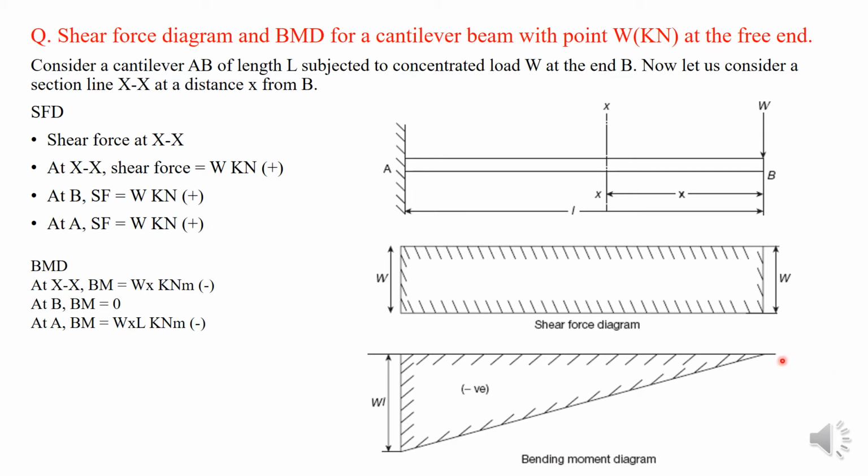So mark the ordinates, here it is WL and here it is 0. Join 0 to WL, so it will be an inclined line. So here you can see the shear force diagram for a vertical load is horizontal, and that of the bending moment diagram will be an inclined line. Okay, so shade the region and mark it as negative.